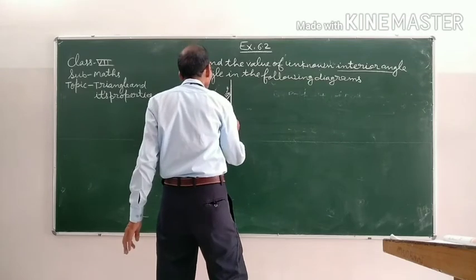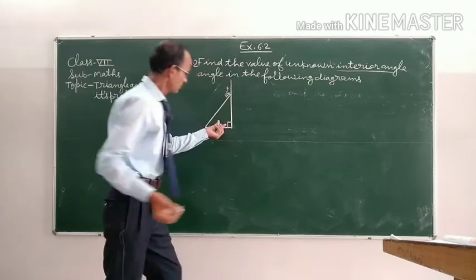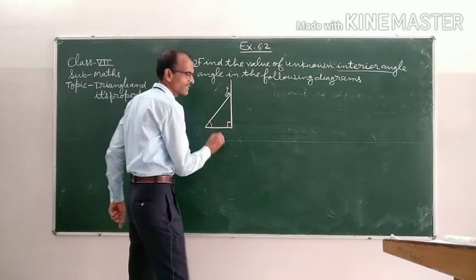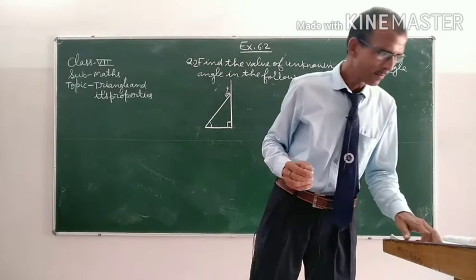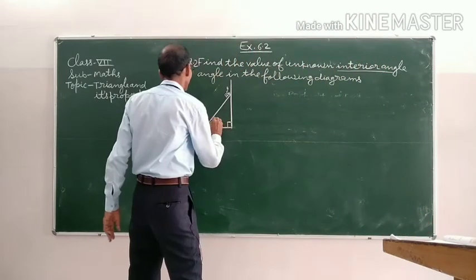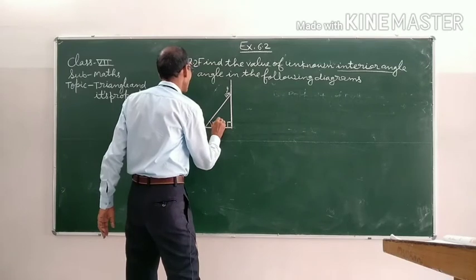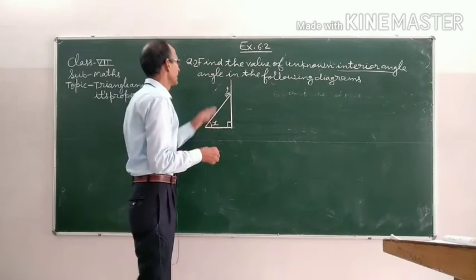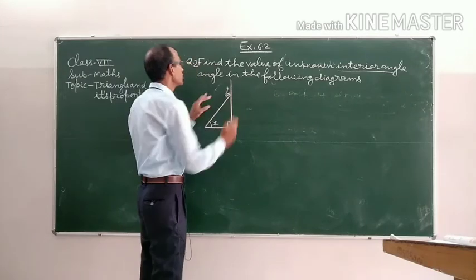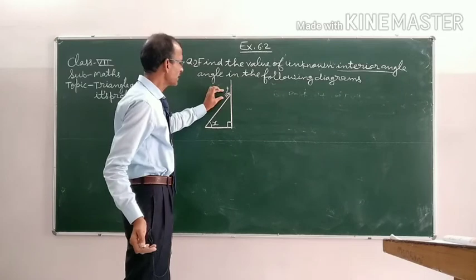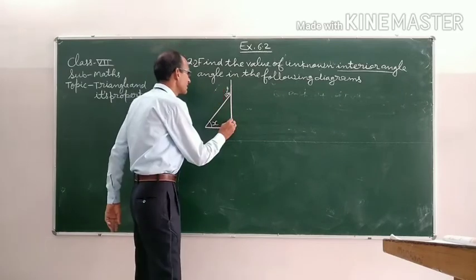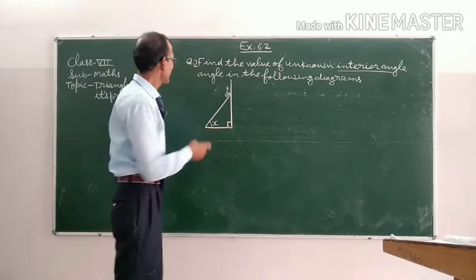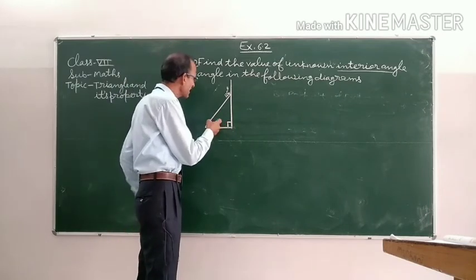And there is a symbol like this. This is the symbol of 90 degree. And this angle is given x. Here you have to find the value of unknown interior angle x. Okay? Here this side of the triangle is produced, so the exterior angle is 125 degree, and this angle is 90 degree. This is the symbol of 90 degree, and this is the angle x.